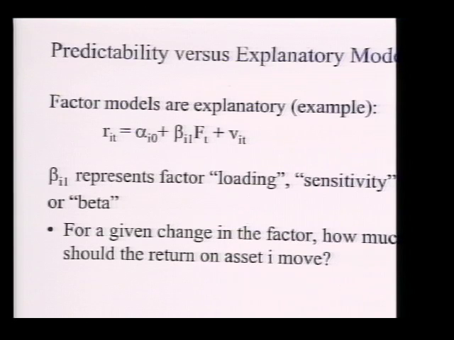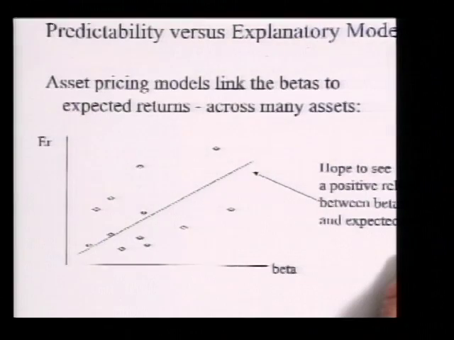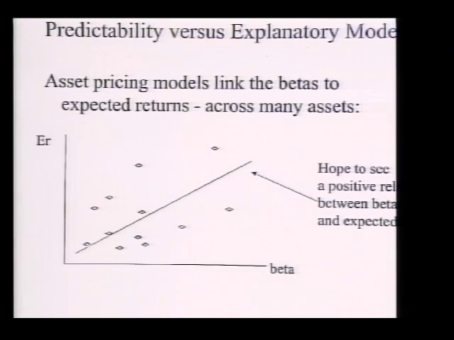Now, what asset pricing models do is they estimate these models to get the betas for many different securities. And you collect the betas, and what you hope to see is a relationship between the betas and the expected returns.